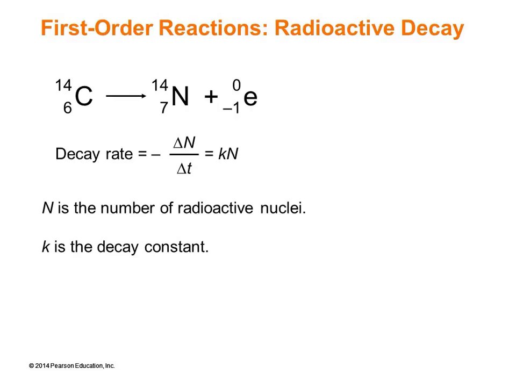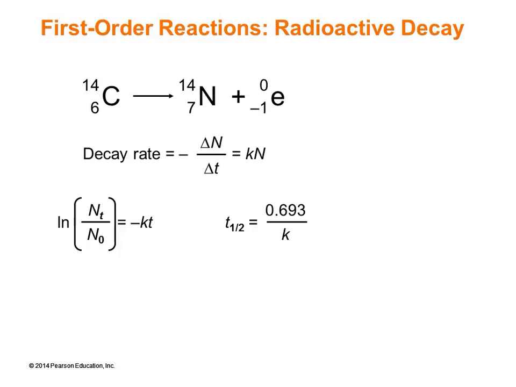And that's going to be equal to, because it's a first order reaction, the rate constant times the number of radioactive nuclei. Really, if you think about it, all they've done is rewritten our first order rate law here.